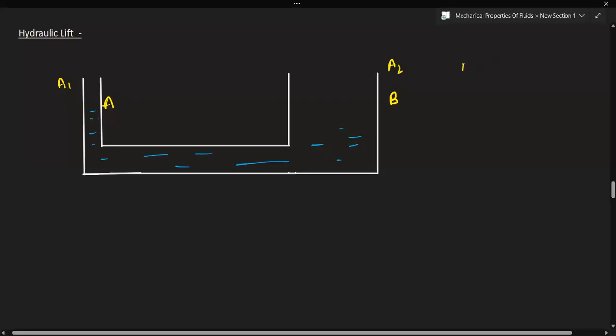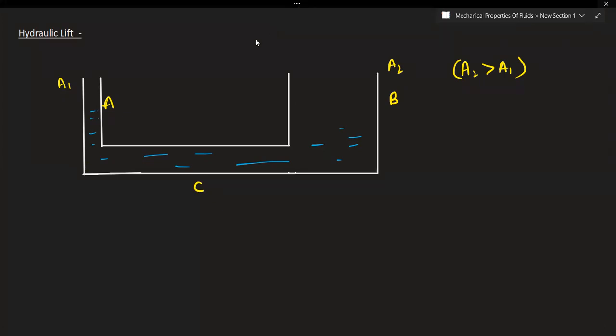So is it clear that A2 is greater than A1? By looking at the figure only, you can see A2 is greater than A1. Now see, these two cylinders, A and B, are connected to each other by a horizontal tube. Let's name this horizontal tube C for our convenience. So this is the construction of the hydraulic lift.